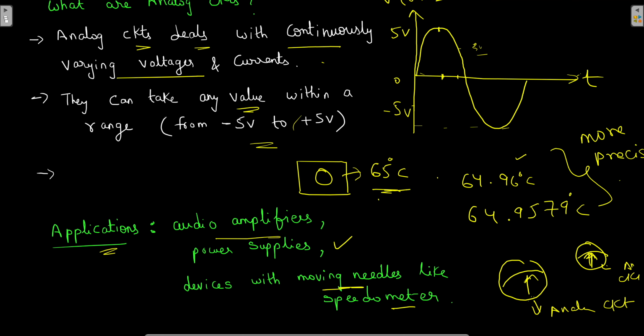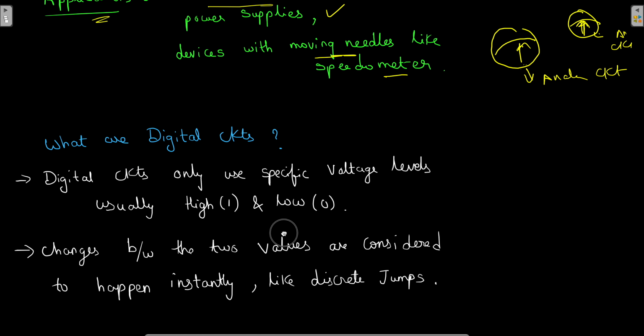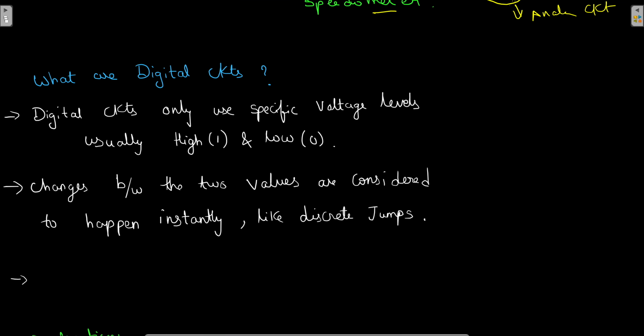Next, coming to the digital circuits. What is a digital circuit? Digital circuits only take specific voltage levels. They will take high and low, only two levels. For analog circuits, infinite values are possible, but for these only two values are possible with respect to voltage with time.